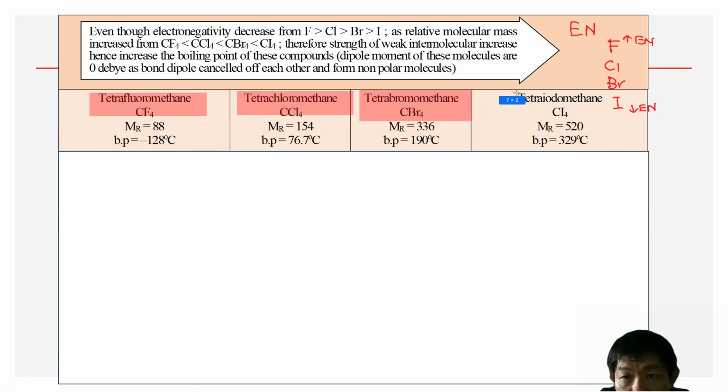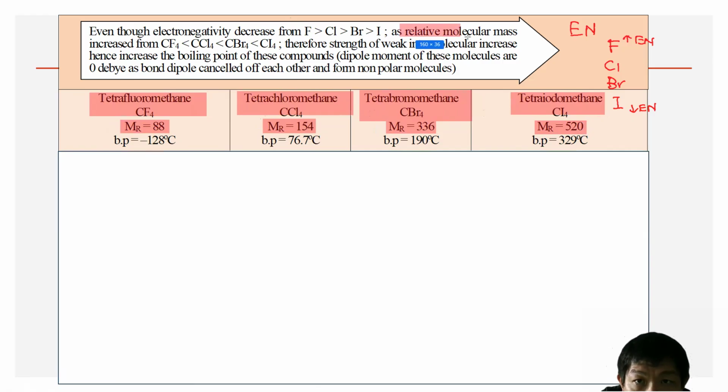tetrabromomethane, and tetraiodomethane, it seems that electronegativity does not play much of a role because the molecular mass differs significantly, where the molecular mass of CF4 is 88, CCl4 is 154, CBr4 is 336, and CI4 is 520.